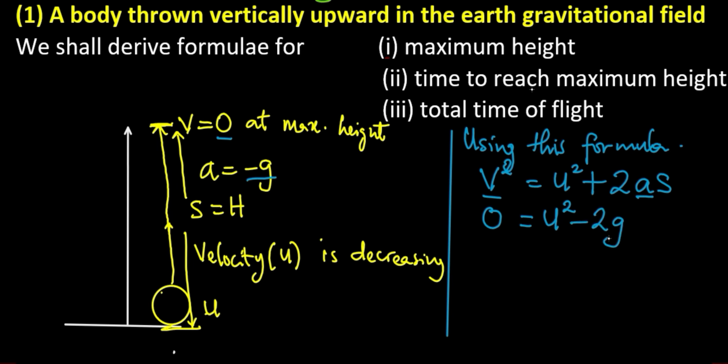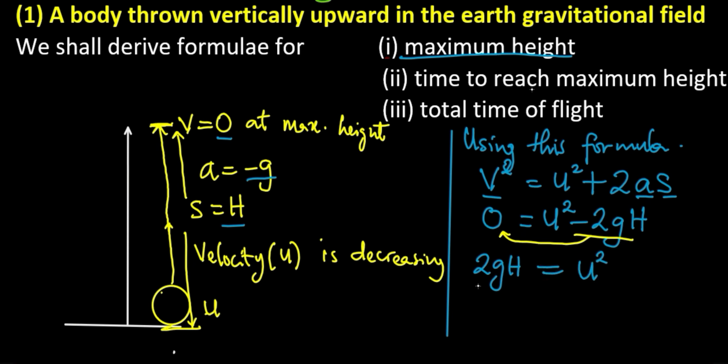The s here gives us the h, that is the height. So we take minus 2gh to the other side, so it gives us plus 2gh. So we have 2gh is equal to u².